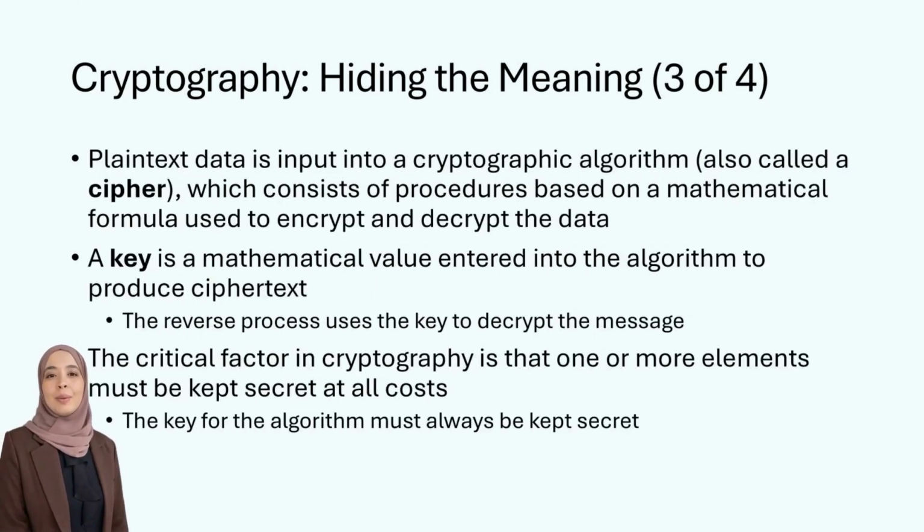Let's keep talking about cryptography, which is a way of hiding the meaning of a message. When we start with a normal readable message called plain text, we use a special process called a cipher. This process uses math to scramble the message into something unreadable, which is called ciphertext. To scramble and unscramble the message, we need a key.